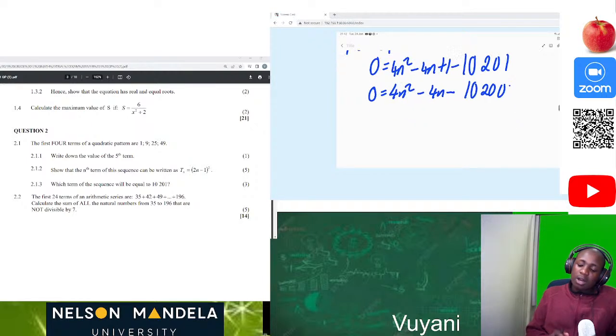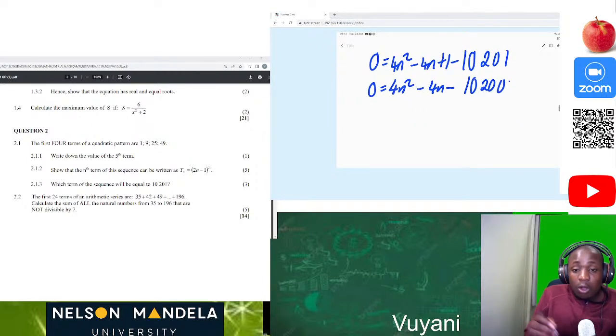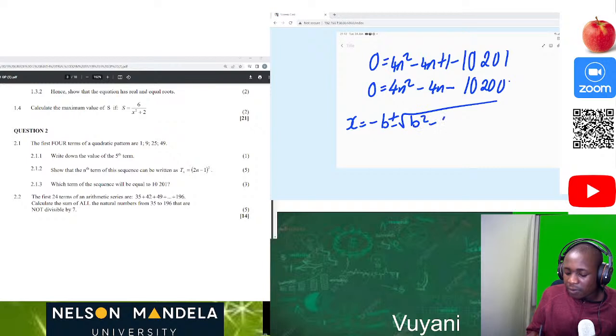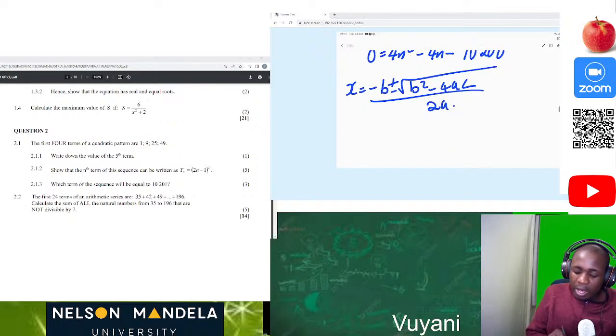Now we can use our quadratic formula, which says that x is equal to negative b plus or minus the square root of b squared minus 4ac, over 2a. We are not dealing with x, we are dealing with n, so we will say n is equal to negative b.